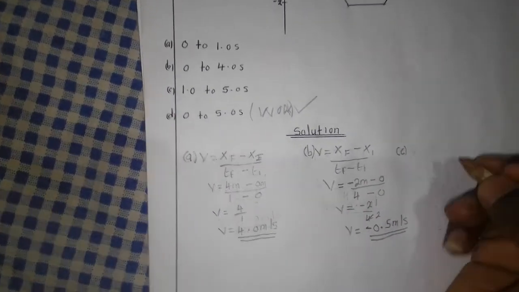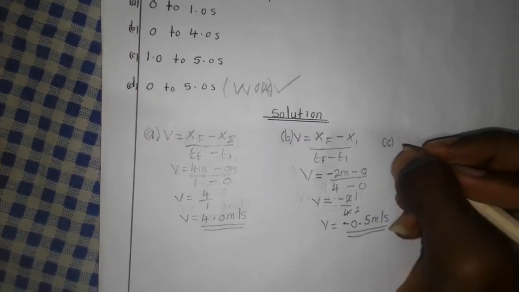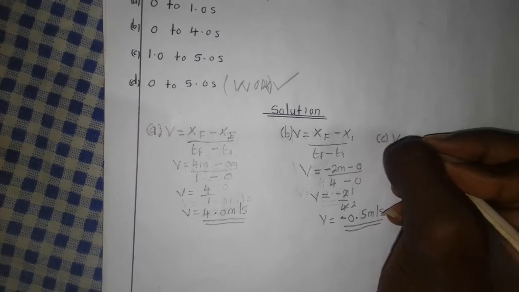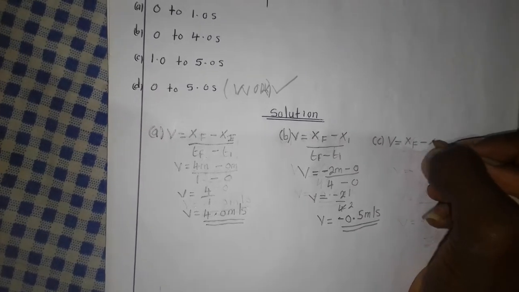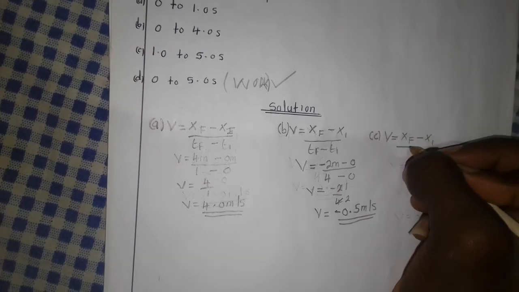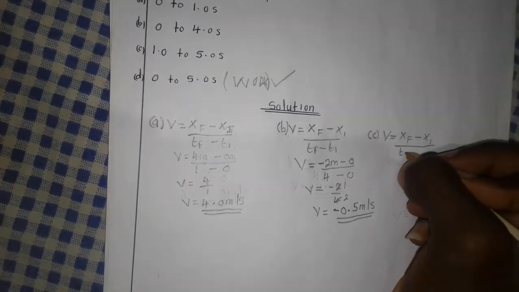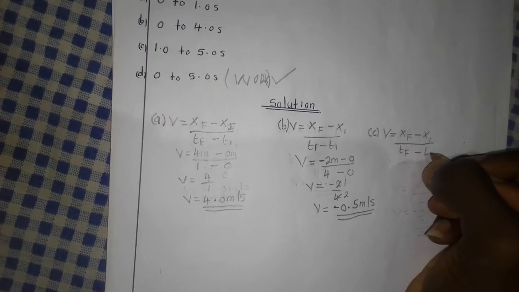Meaning, we use the same formula. V is equal to displacement final minus displacement initial over time final minus time initial.